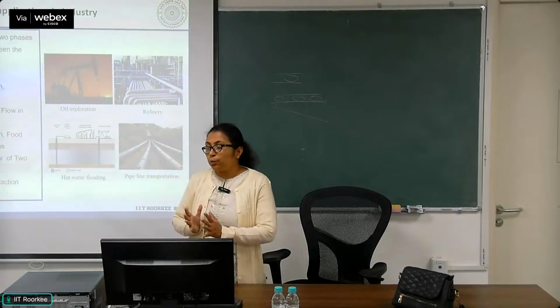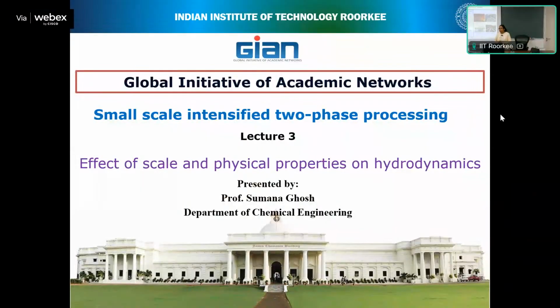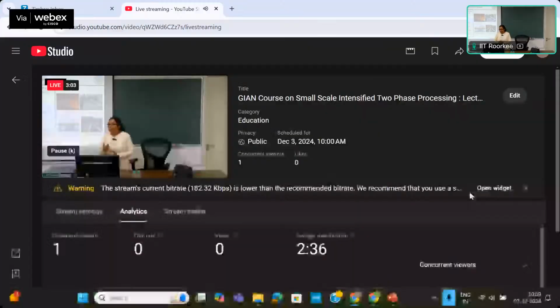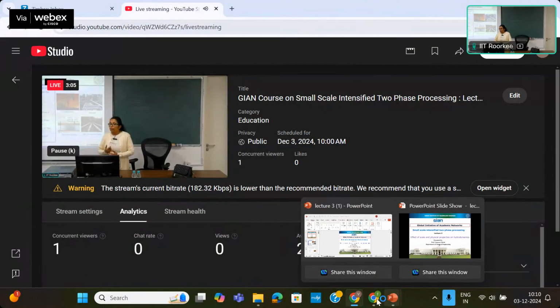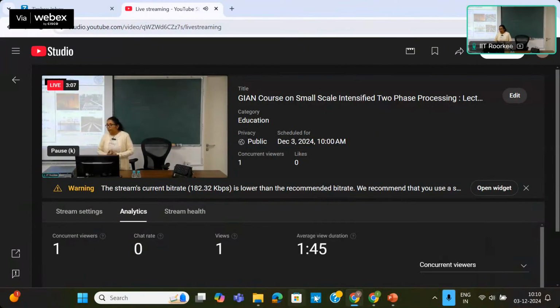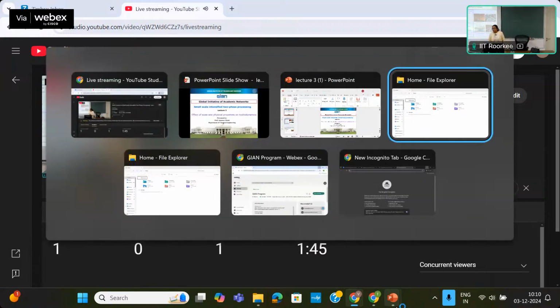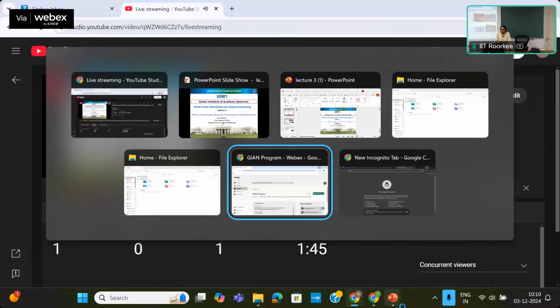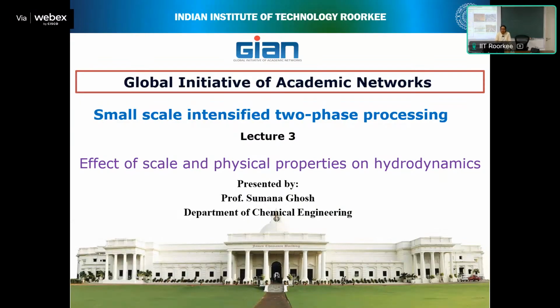So in industry, what we are seeing is not only two-phase flow, but rather a complex form of two-phase flow accompanied by mass or heat transfer or reaction. Similarly, in the petroleum industry, during oil exploration, it is not only crude oil that comes out of the well.